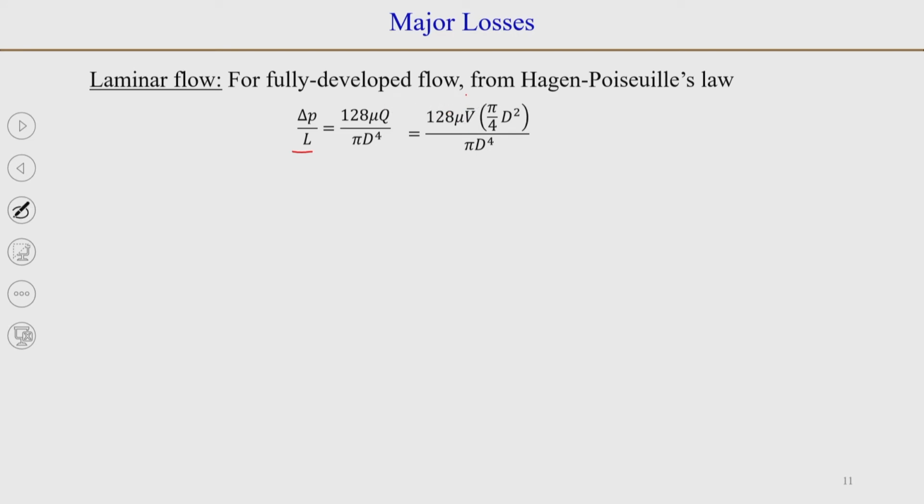So, we can write q in terms of mean velocity v bar into cross sectional area pi by 4 d squared. So, we will see there that pi and pi will cancel out and d squared will cancel out. So, we will have d squared remaining here. This will give us 32.